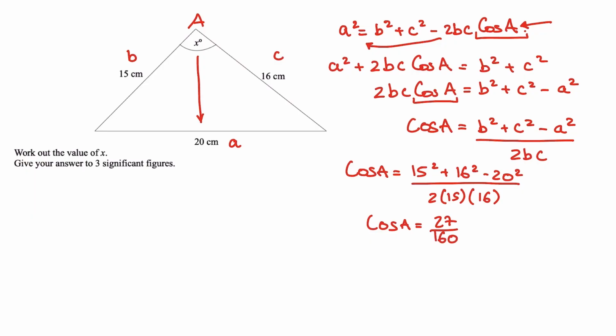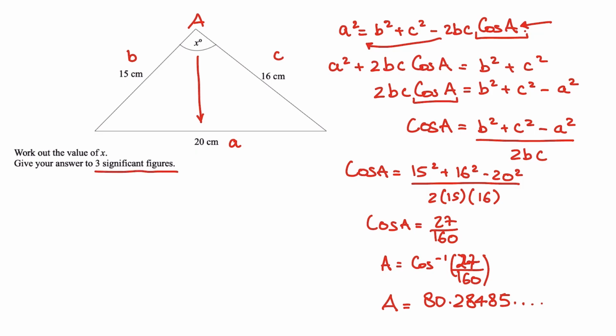So now if I want to find the value of A, I use the inverse of cos, so A becomes equivalent to cos minus 1 of 27 over 160. And if I do that, I get the value of A as 80.28485... Again, the question wants three significant figures.